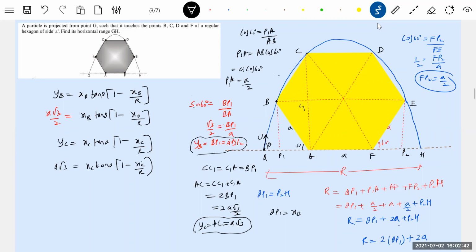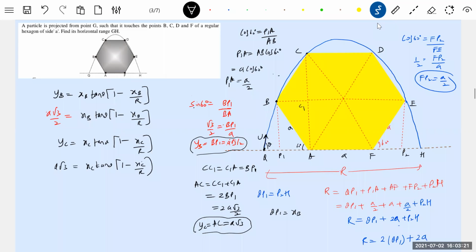I have this much here, so let me divide these two. XC is equal to QP1 plus PA, no? So this will become XB plus A by 2. XC will be XC plus A by 2.